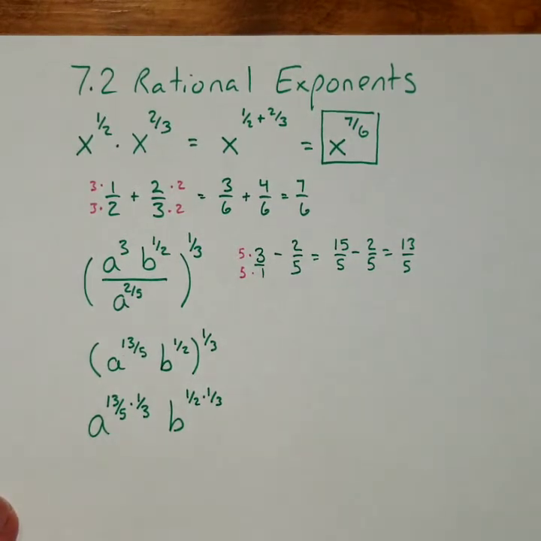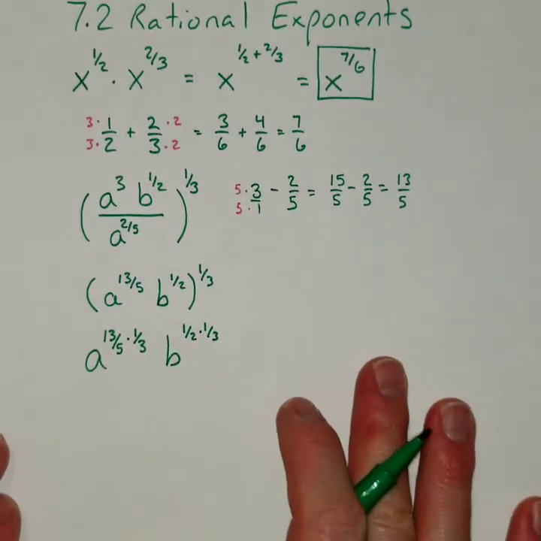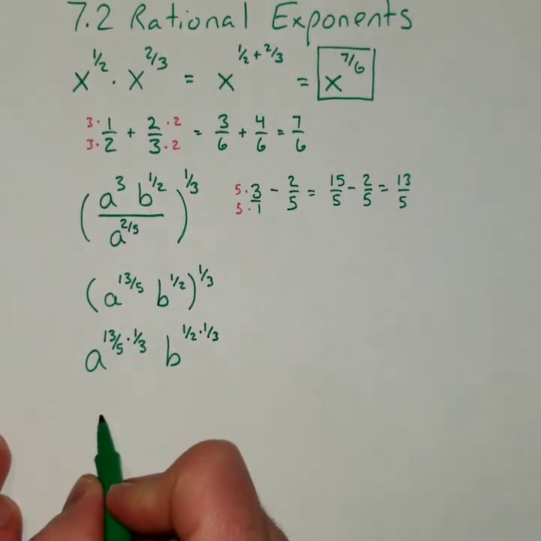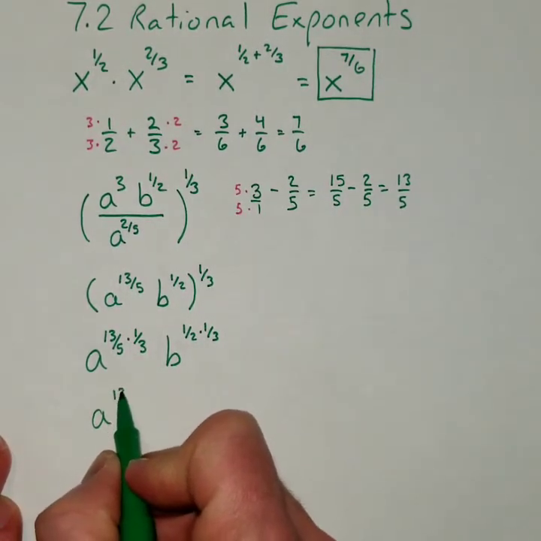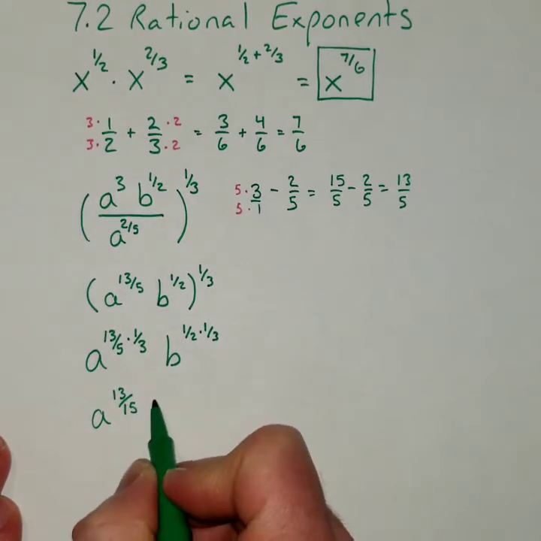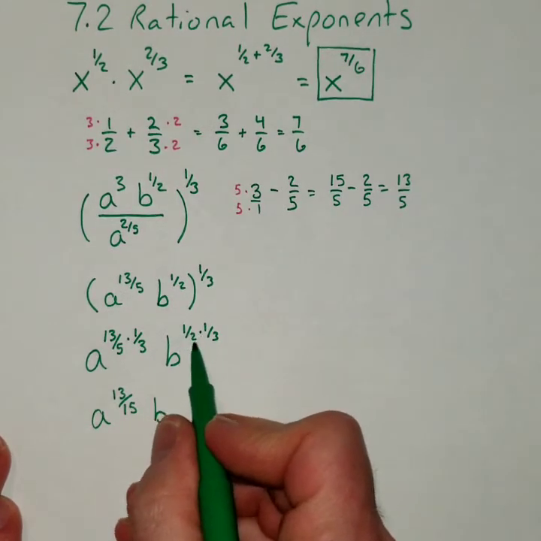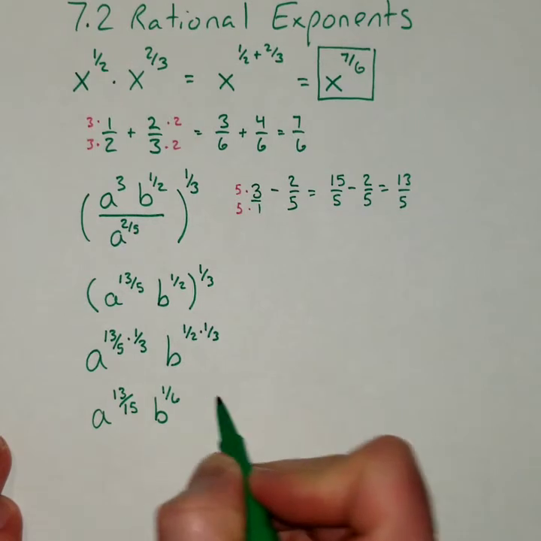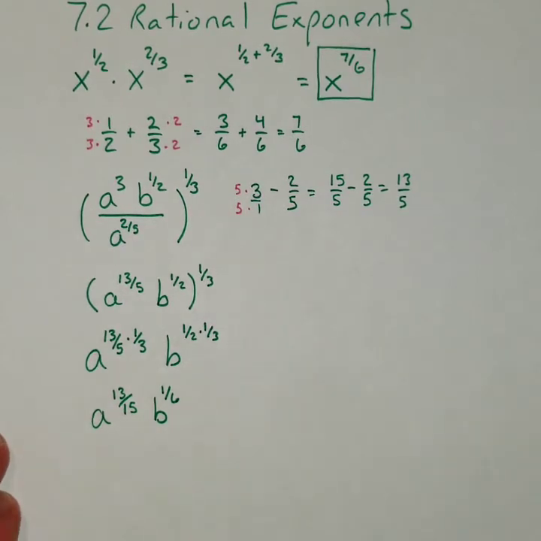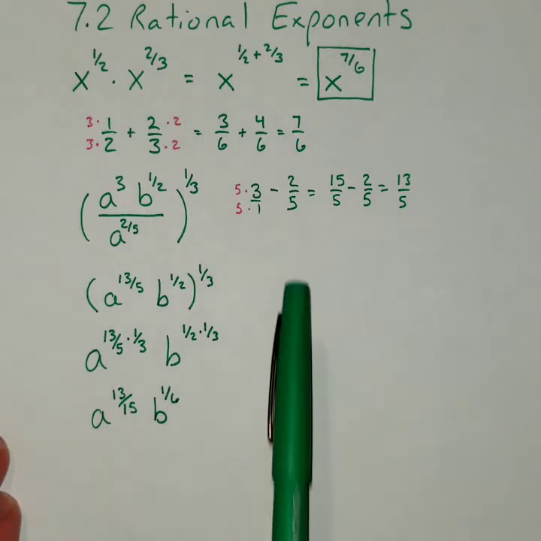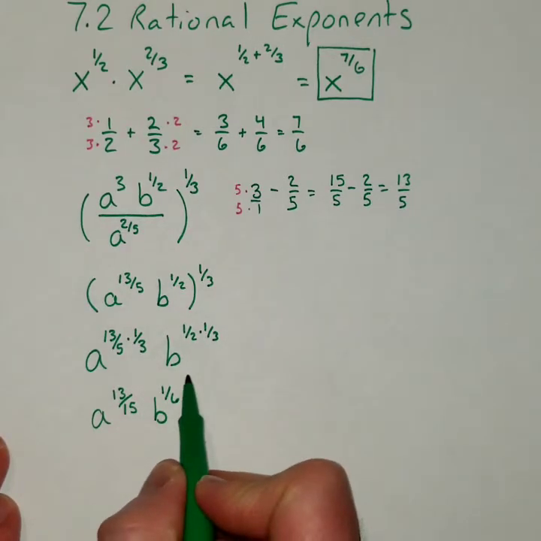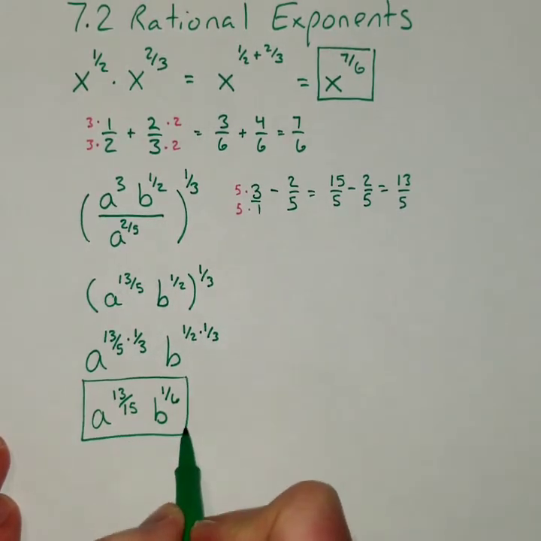And if I multiply those powers together, I should get a to the 13/15 and b to the 1/6. Okay, so we're just multiplying fractions. That's all we're doing in that one. And a subtraction, of course. Okay, so another answer.